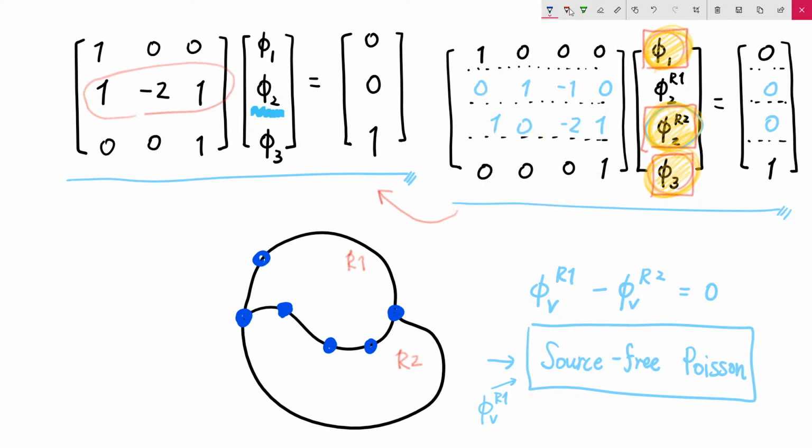Yes. Now let's say that you have this kind of discretized node. Great. So now your system will just look like this. Beautiful. And now I'm asking you, please try to implement your source-free Poisson equation.